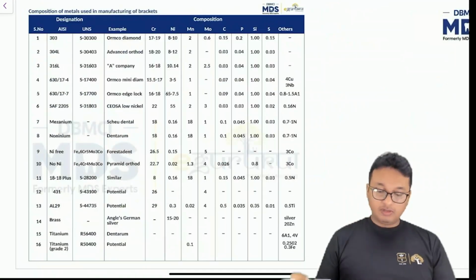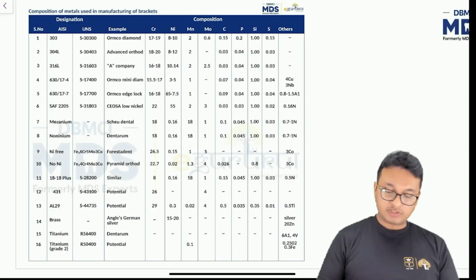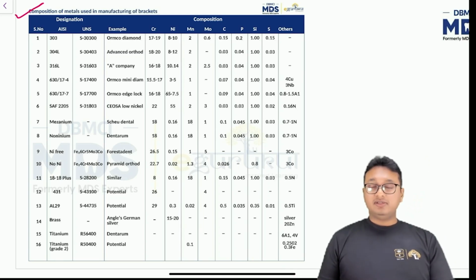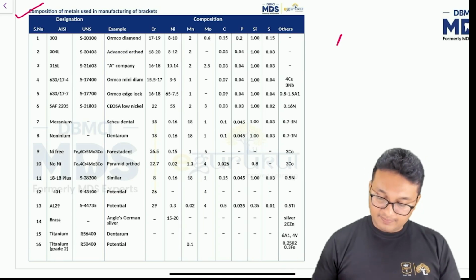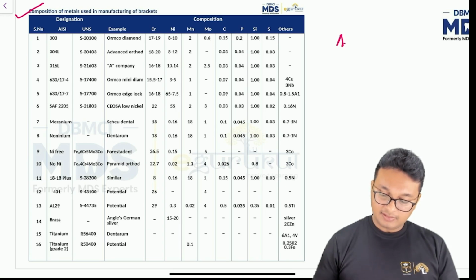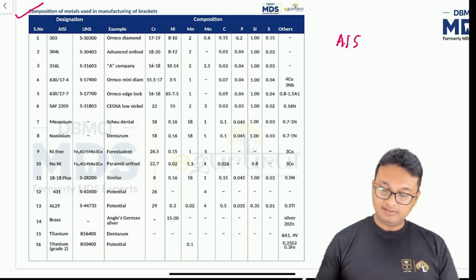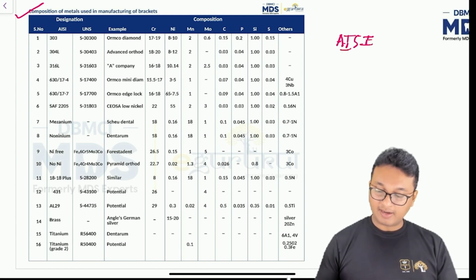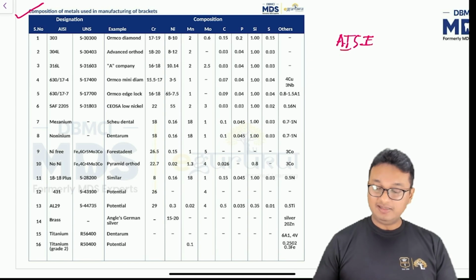Okay. Now, this table shows the composition of metals used in manufacturing of brackets. Actually, there is a numbering system. American Institute of Steel, something like that. AISI, American Institute of Steel.